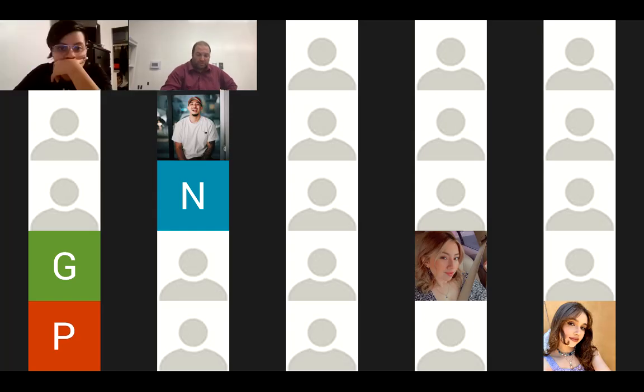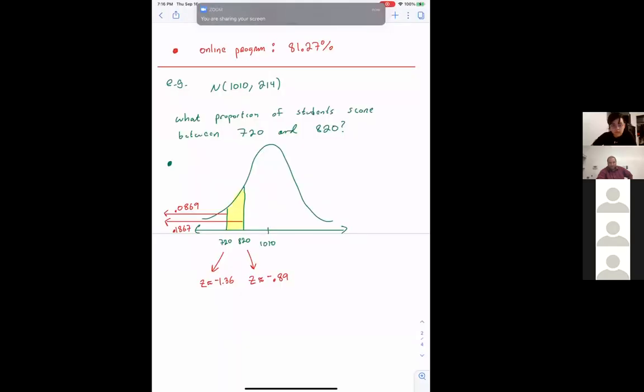So if I go back to my notes here, I had that 0.1867 is everything to the left of 820. That's 18.67%. And then 0.0869 is everything to the left of 720.